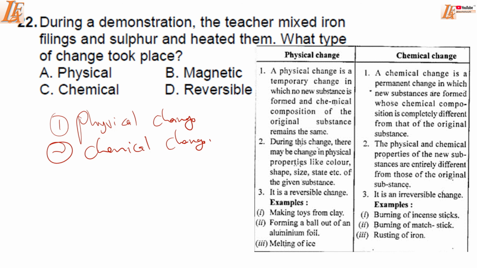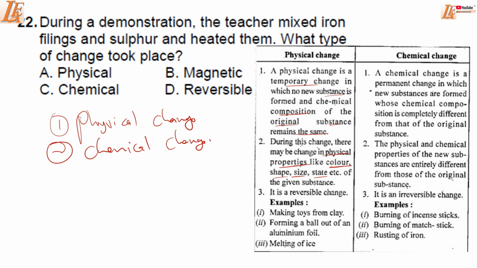A physical change is defined as a temporary change in which no new substance is formed and the chemical composition of the original substance remains the same. Another property is that during this change, there may be a change in physical properties like color, shape, size, even state.